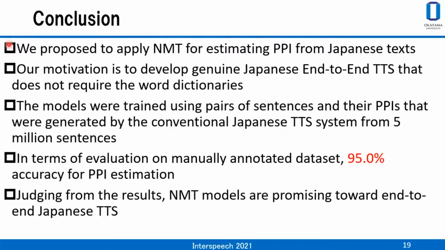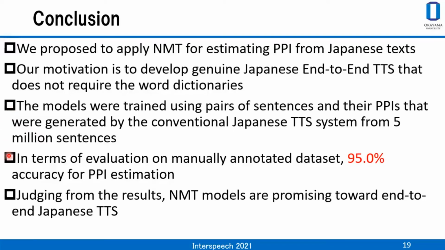We propose to apply NMT for estimating PPI from Japanese text. Our motivation is to develop genuine Japanese end-to-end TTS that does not require word dictionaries. The models were trained using pairs of sentences and their PPIs that were generated by a conventional Japanese TTS system from 5 million sentences.